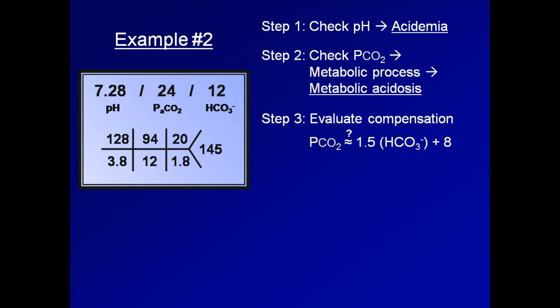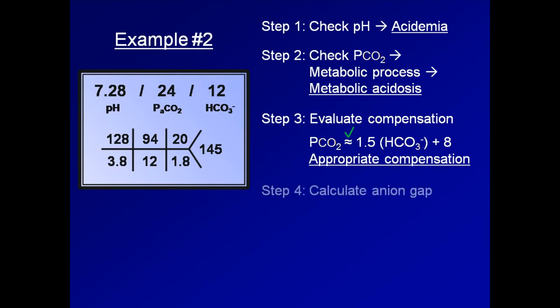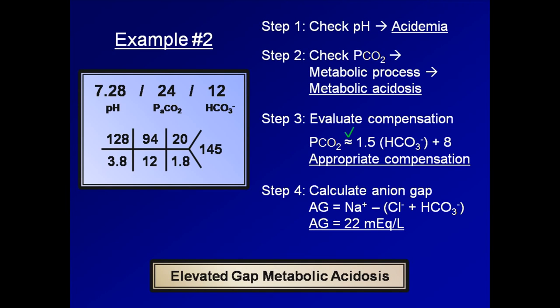Does the PCO2 of 24 approximately equal 1.5 times 12 plus 8? And it's close enough to call good. Thus, compensation is appropriate. Our anion gap again is sodium minus the sum of chloride and bicarb. So 128 minus the sum of 94 and 12, which is 22. Thus, this patient has an elevated gap metabolic acidosis.